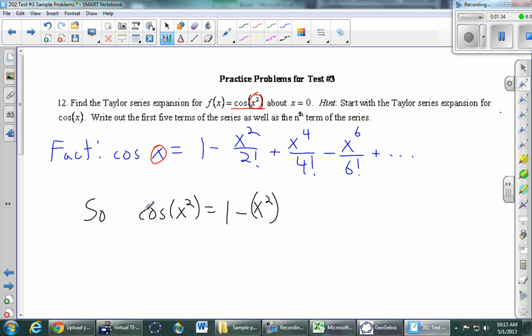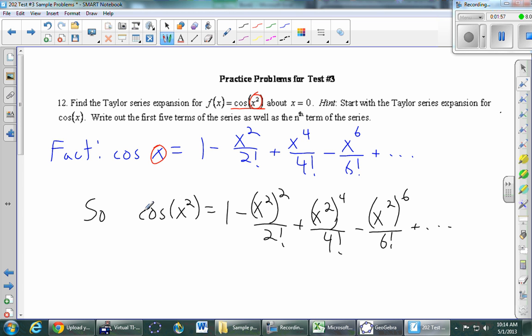So this becomes 1 minus x squared squared over 2 factorial plus x squared to the 4th over 4 factorial. I did not do that right. So it should be x squared to the 4th, and this next one is x squared to the 6th.